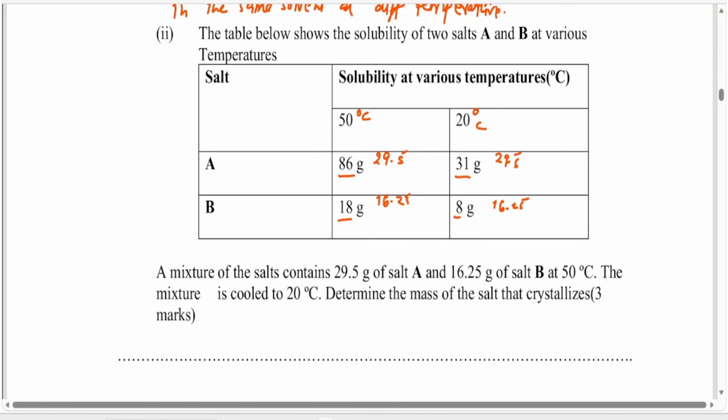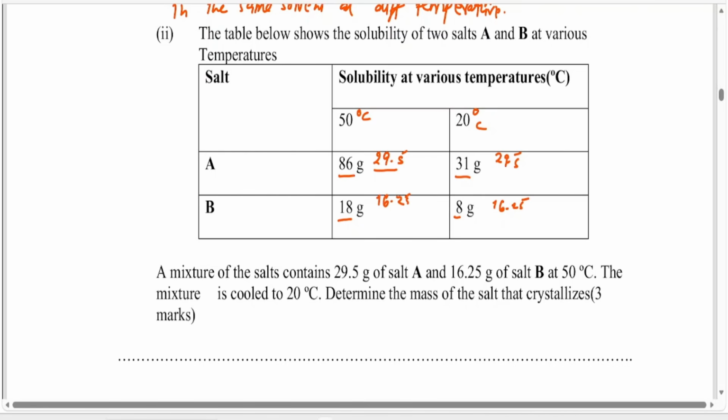A solubility is 86 grams and I'm only having 29.5. Solubility 86 means it has the capacity of dissolving 86 grams of salt, and I'm only given 29.5.